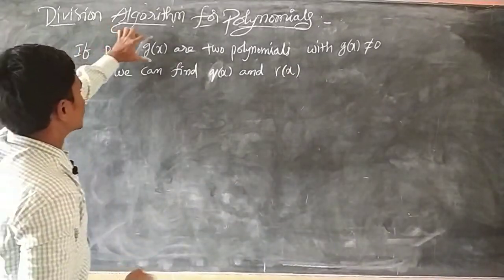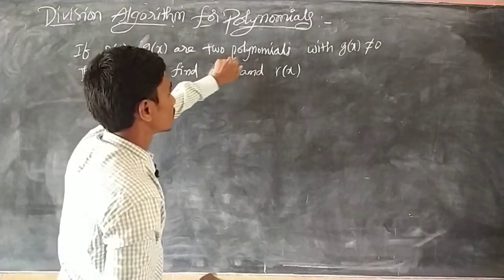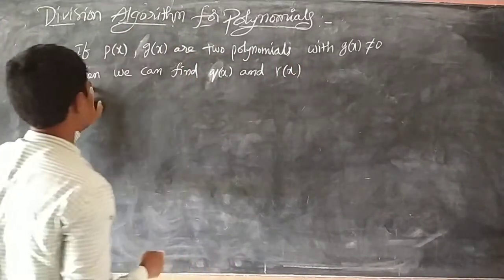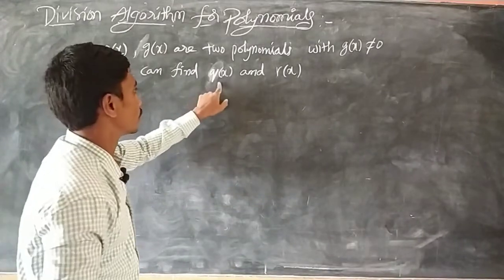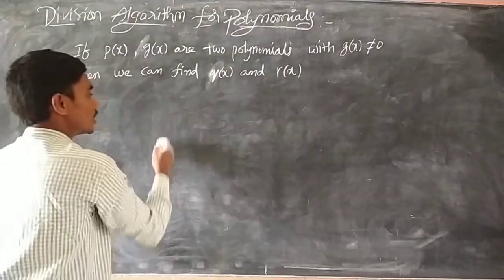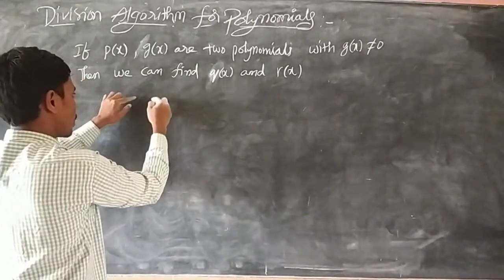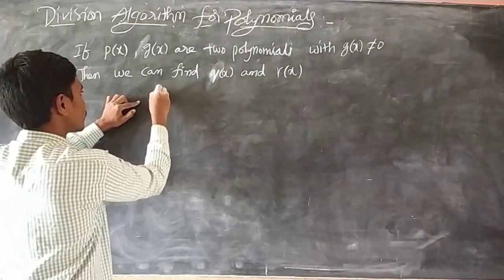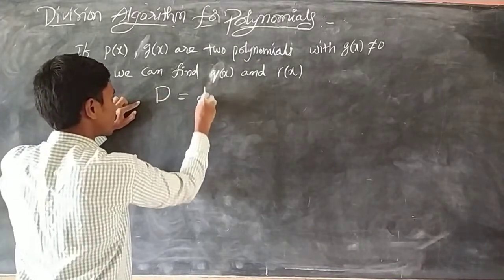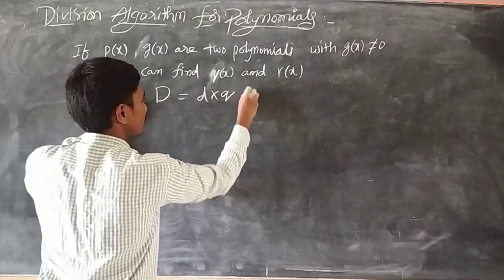If p of x, g of x are two polynomials with g of x not equal to 0, we can easily find the q of x and r of x. Here by using the division algorithm, dividend is equal to divisor into quotient plus remainder.